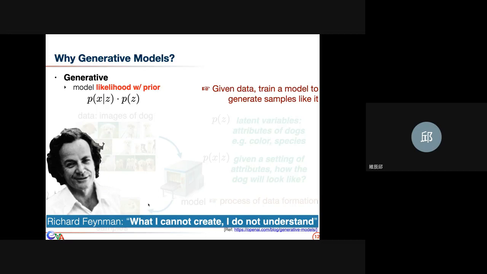So the generative model is trying to learn the generative procedure of your data set. And based on such a generative procedure, you try to have the full understanding of your data.